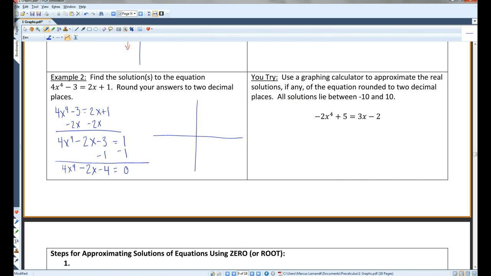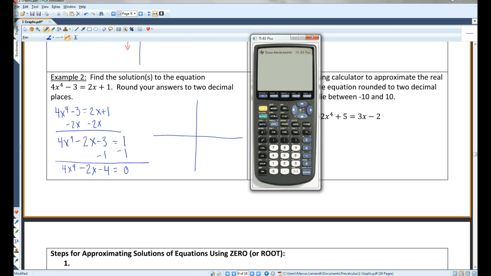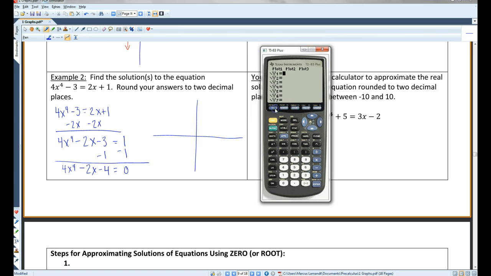Alright, let's pull out the calculator again. y equals 4x to the 4th power minus 2x minus 4. Alright, so we have two places here.